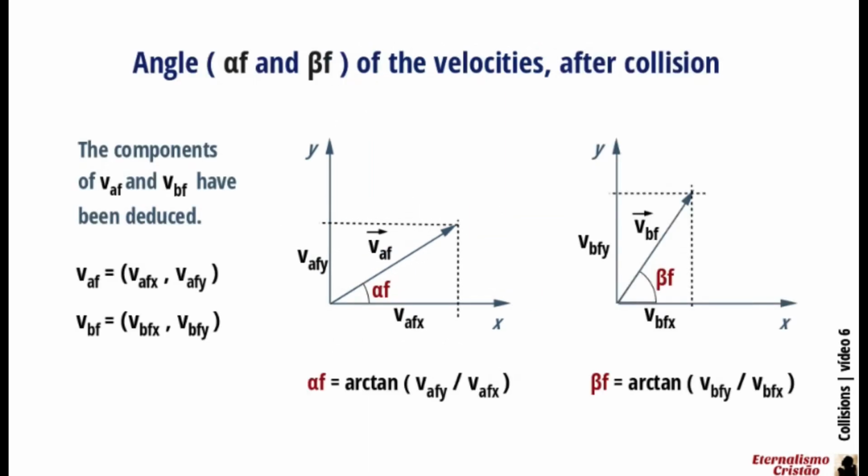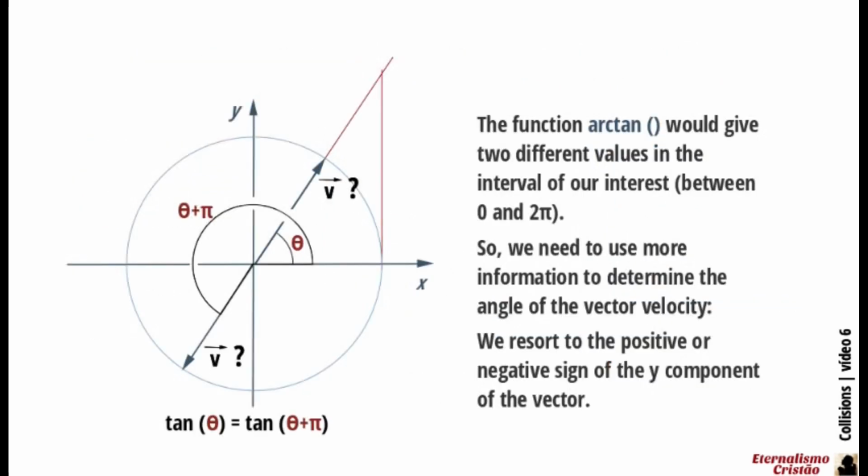But, please, note, the function arctangent would give two different values in the interval of our interest, between 0 and 2 pi. So, we need to use more information to determine the angle of the vector velocity. For that, we resort to the positive or negative sign of the y component of the vector.